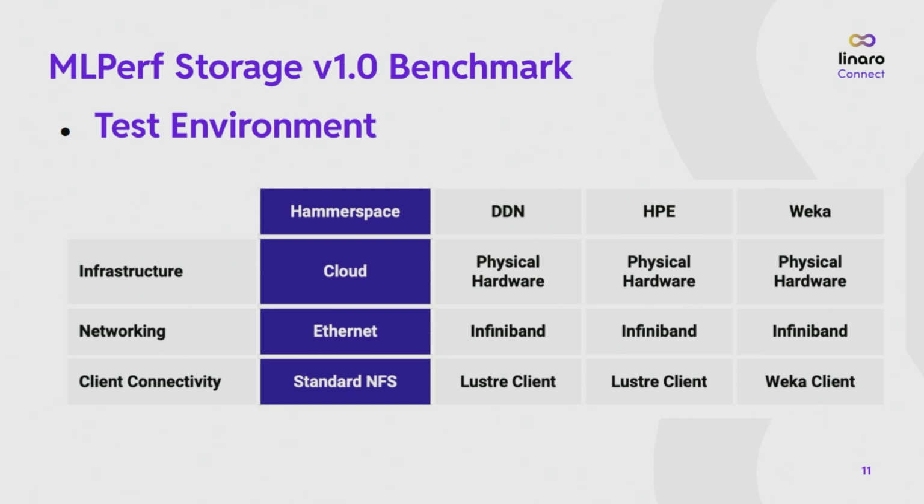So that means it could be very cheap. You can see other vendors such as DDN and HPE are all based on InfiniBand, which means an expensive network. They also use Lustre, which is expensive, and they are dedicated HPC systems.